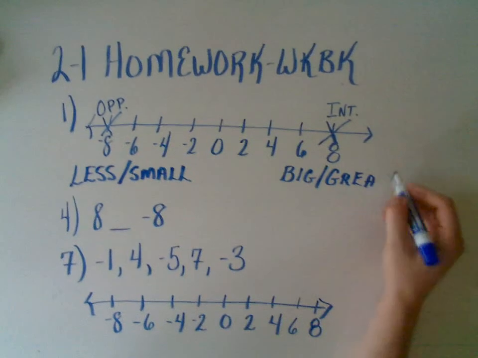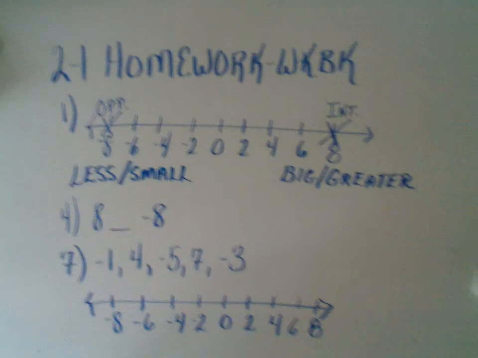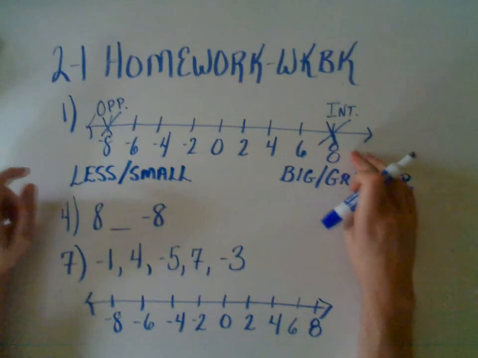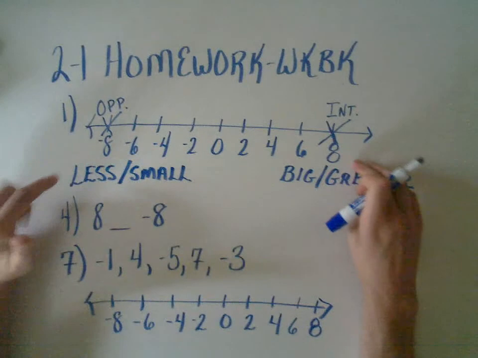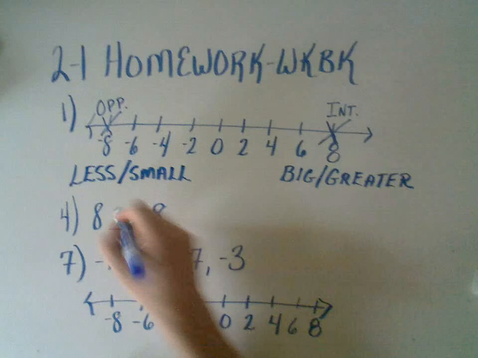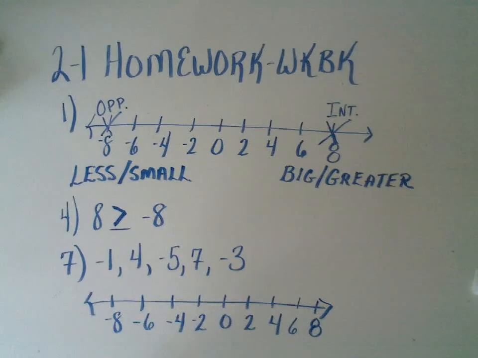So when I'm comparing 8 and -8 in question 4, convenient, those are the two numbers I just graphed, right? This one over here, 8, is further to the right on the number line than -8, which is over here. So 8 has to be bigger, so I'm going to fill in with the greater than sign. And you'll do the same thing on the other questions in that section.